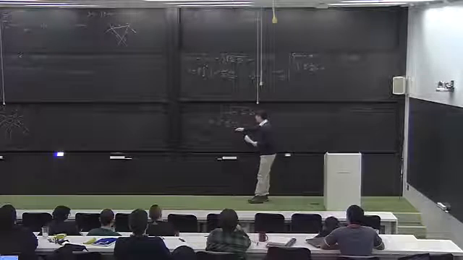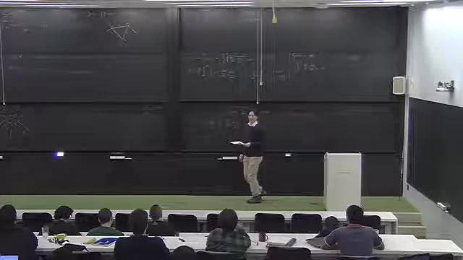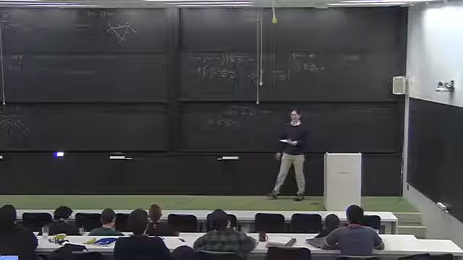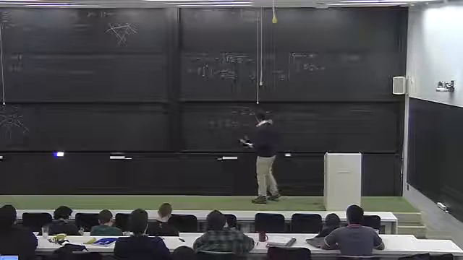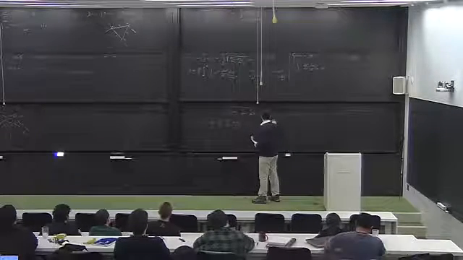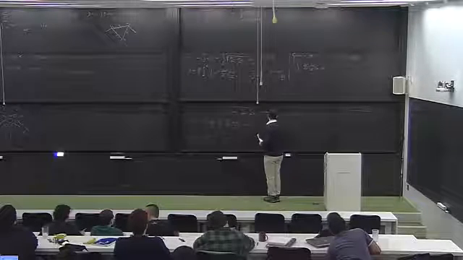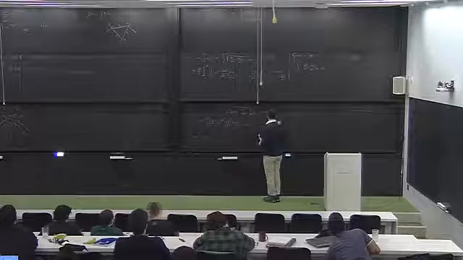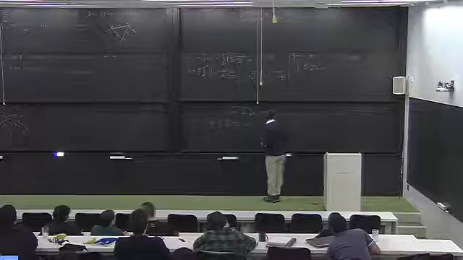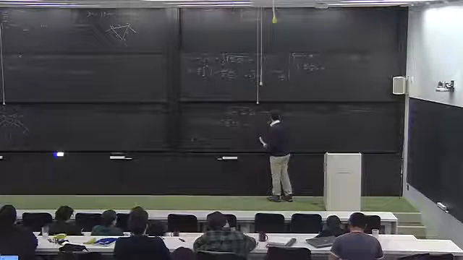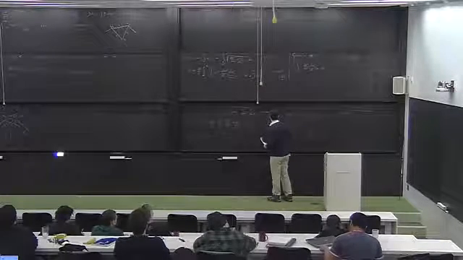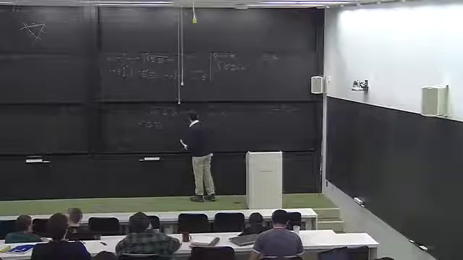The point is, this action still has your reparameterization invariance. The metric is transforming the usual way as the metric should transform, essentially in such a way that the length element remains constant.